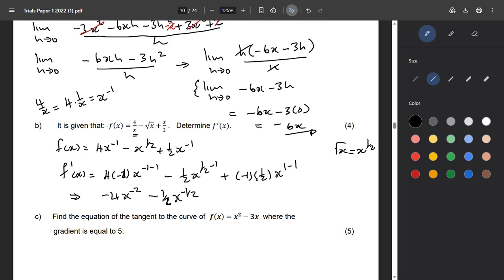Then negative. Okay, so this will just be, I'm trying to understand where did I get the minus 1, because the x is on top here. Where is this minus 1 coming from?